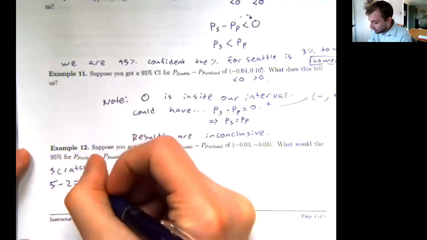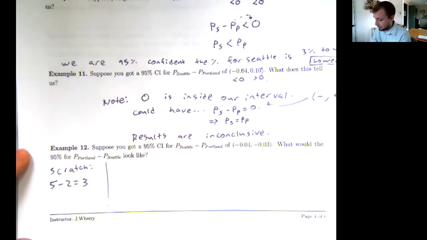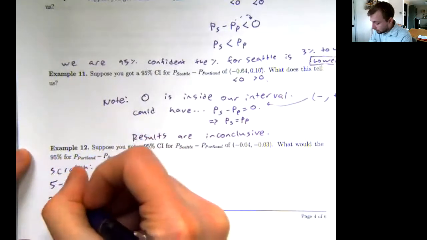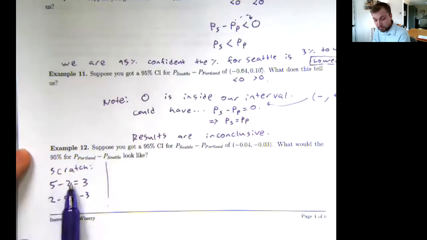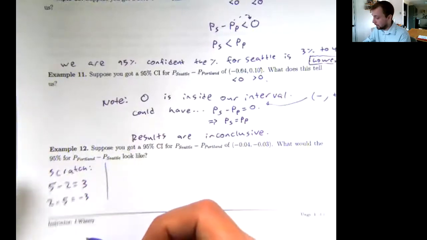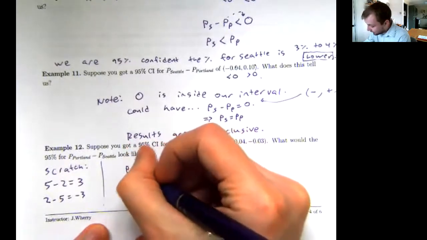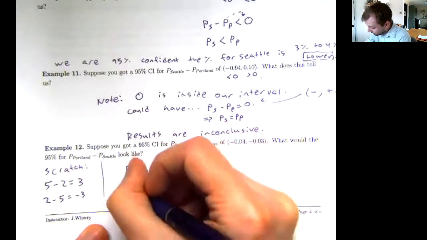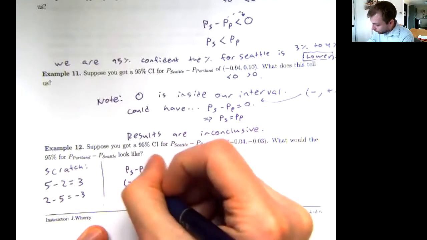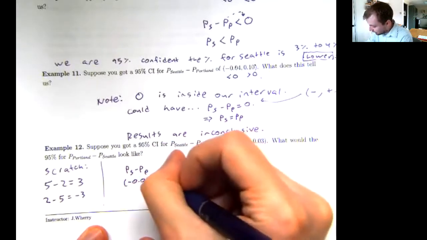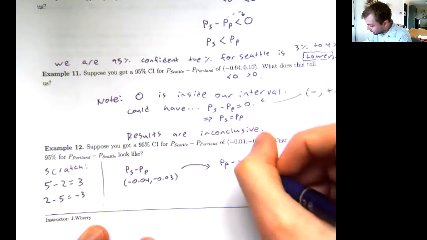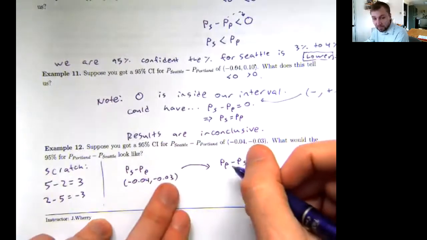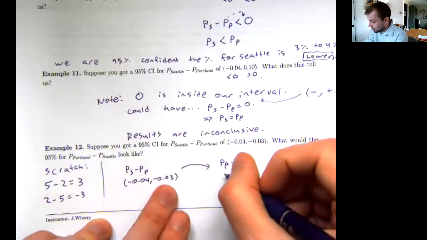If I do 5 minus 2, I get 3. But if I do 2 minus 5, I get -3. So if I switch the order of subtraction, I change the sign. So if I take my interval of Seattle minus Portland of -4 to -3, and I switch the order to Portland minus Seattle, I'm going to have the same numbers, but I'm going to change the signs.